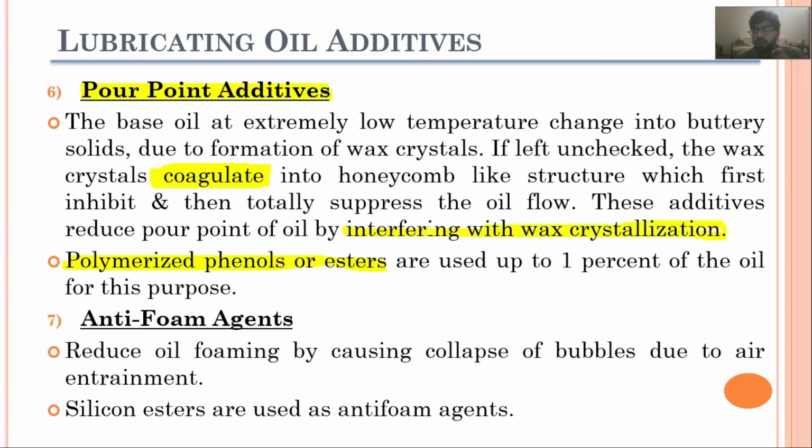They do not allow the wax to crystallize or coagulate, or these solid particles to coagulate with each other. That's how they reduce the pour point temperature. And as I explained earlier, polymerized phenols and esters are used up to 1% of the base lubricant oil.